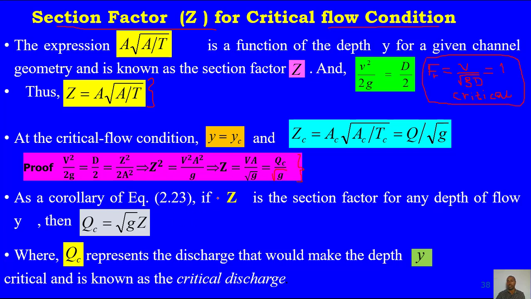So as a corollary, if Z is the section factor for any depth of the flow, then Q critical is equal to square root of G times Z, where QC, the critical discharge, represents the discharge that would make the depth Y critical, and is known as critical discharge.